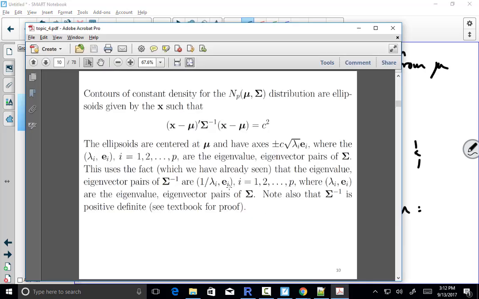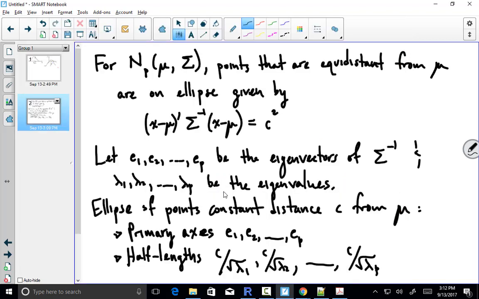In the notes, so have to be a little bit careful. The main thing that I want you to keep track of with it, when it comes to this ellipses of constant distance from a mean, remember the basic definition.